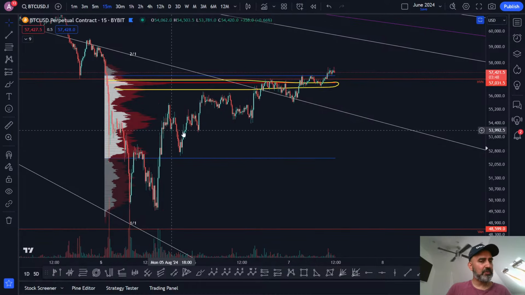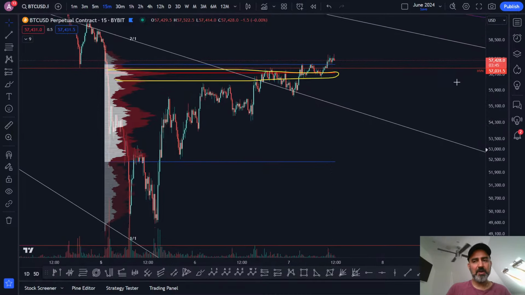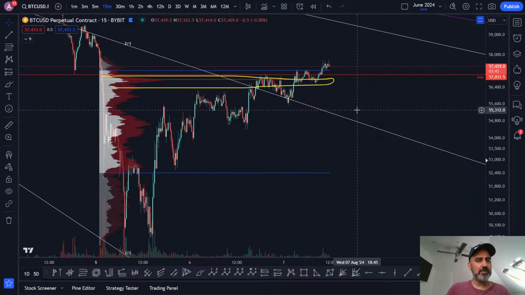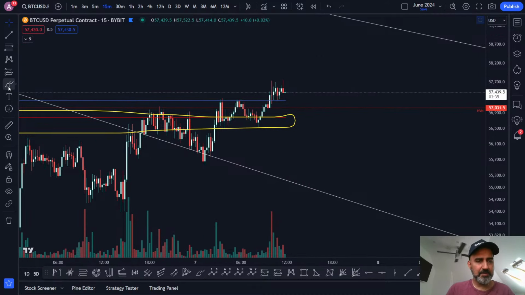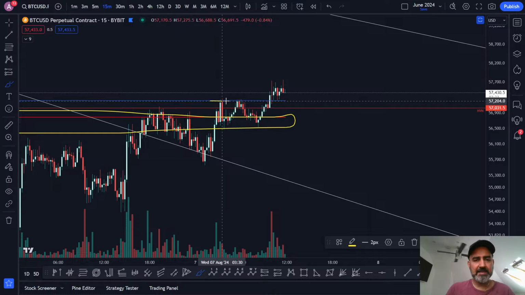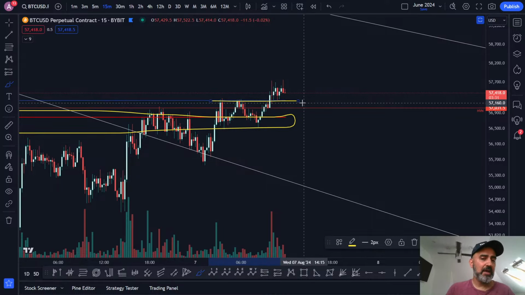So even though the volume profile is bearish, the price being above it is bullish as long as the point of control, and in this context right now, as long as the value area high holds the support. So we are seeing a little bit of support here. There's an SR flip with the value area, and as long as that holds, that's bullish.